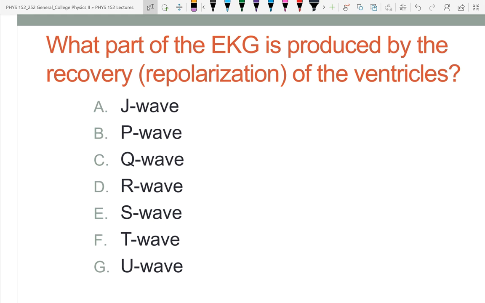What part of the EKG is produced by the recovery or repolarization of the ventricles? That's good. The first 7 people all got it right. I asked this question because, of course, that's the one that was messed up for me.